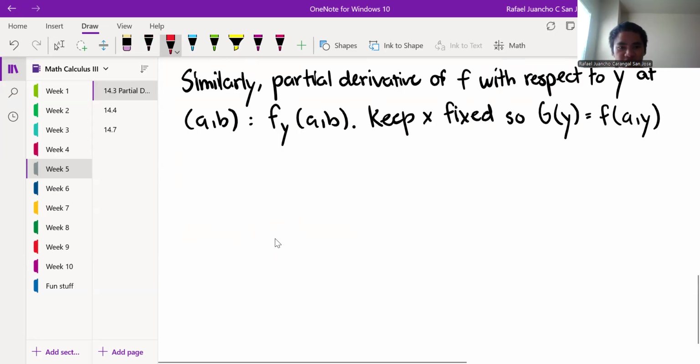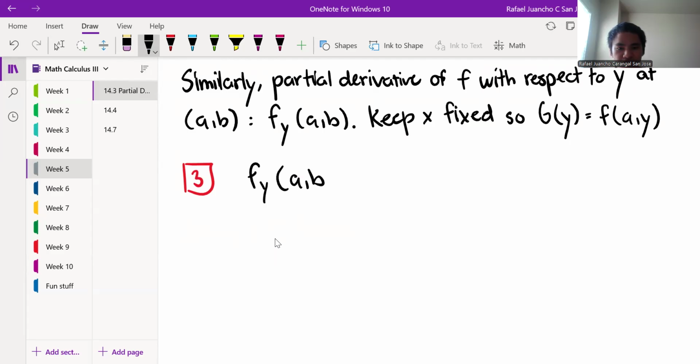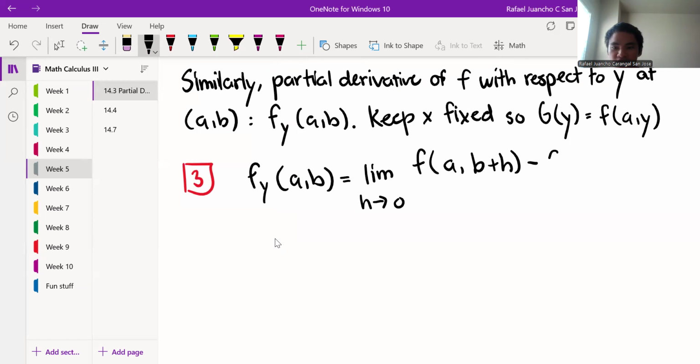And from there we have another definition, a limit definition again. f sub y at a, b. Here we have the limit definition as h approaches 0. And now a is fixed, and then we subtract, all over h.